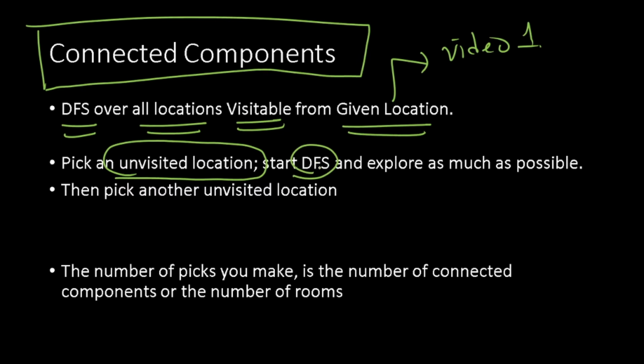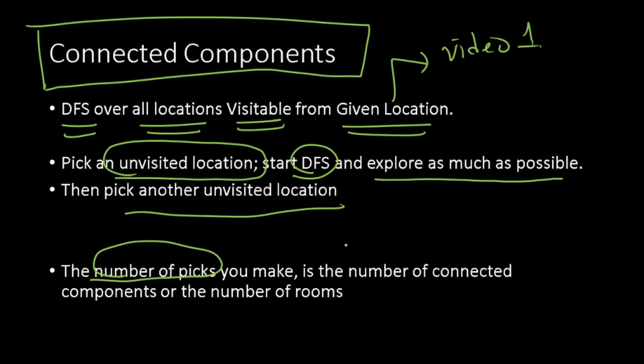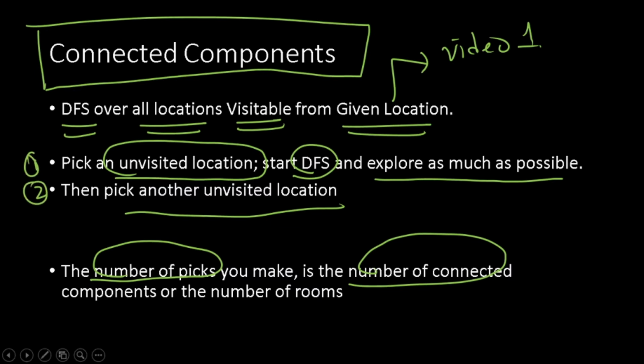We are sticking with DFS and we explore as much as possible. So you explore completely. After that, you pick another unvisited location. The number of picks you make is the number of connected components, or the number of rooms. Let us see that practically.